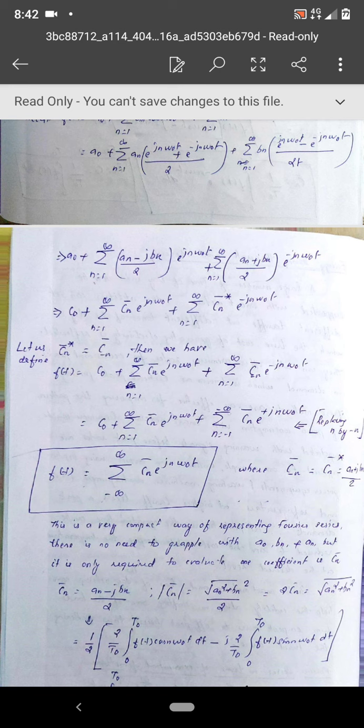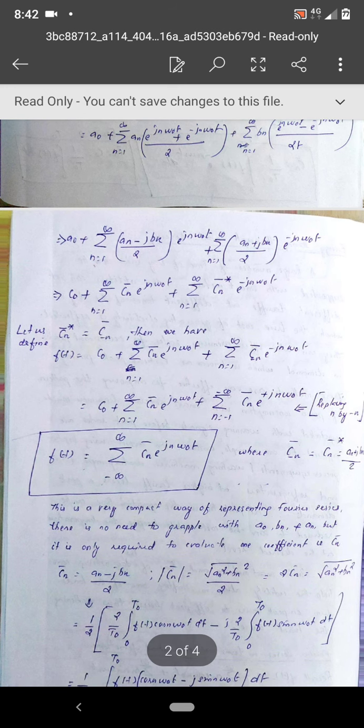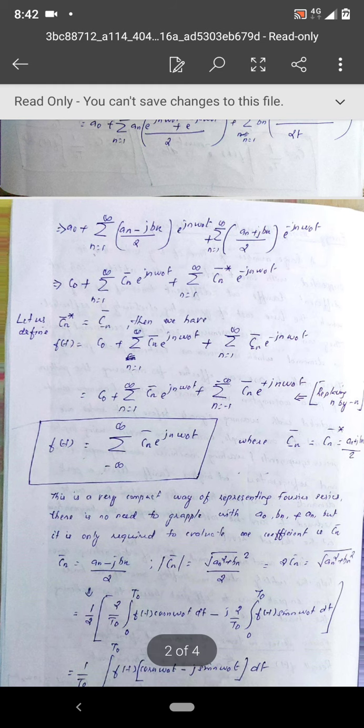Now let us define cn bar star as c minus n bar. Earlier you had cn bar; now you represent its conjugate cn bar star as c minus n bar. Then you write the equation by replacing cn bar star with c minus n bar.